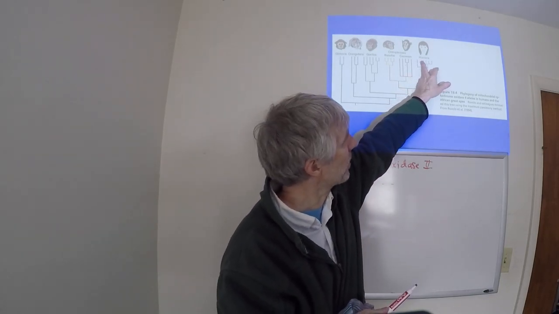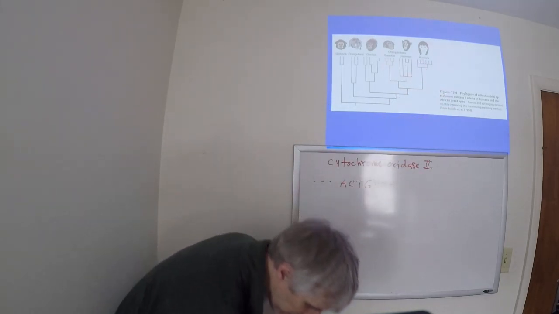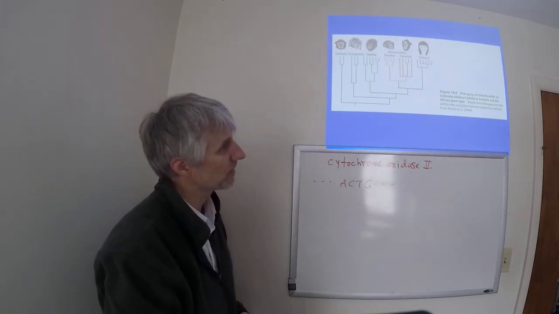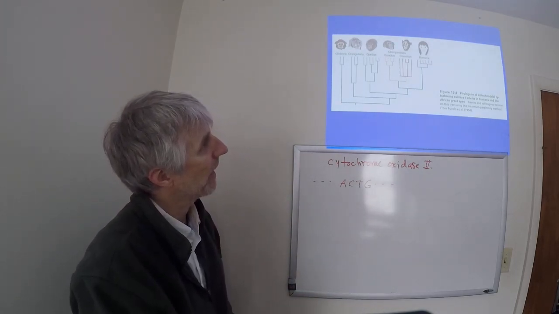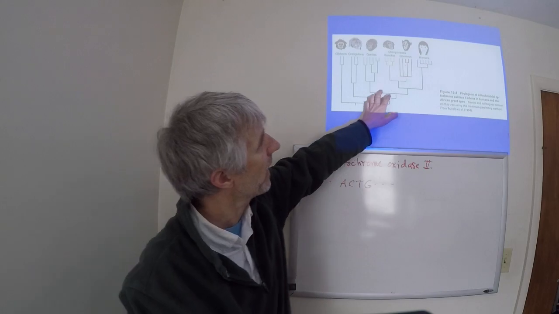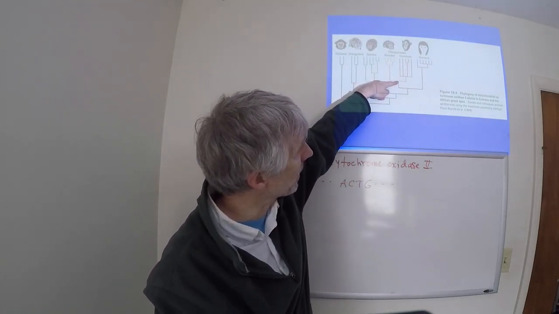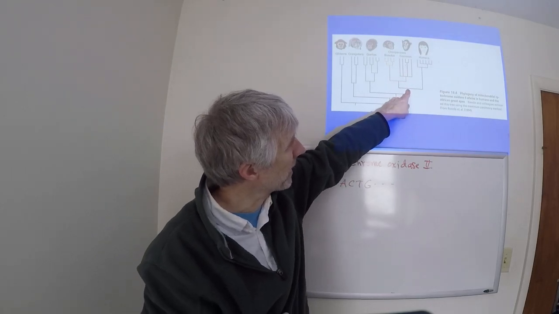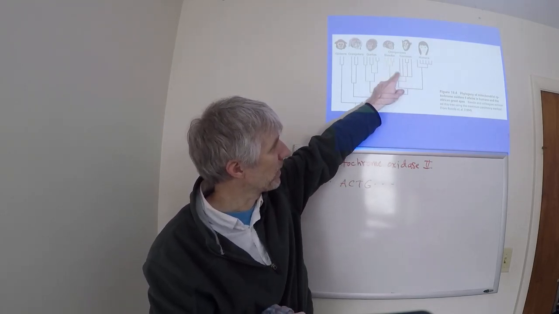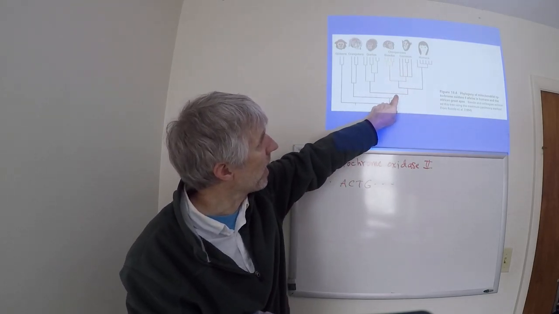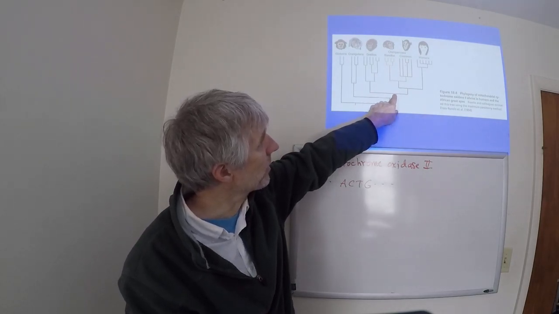The human sequences are more similar to each other of these mitochondrial DNA sequences, and the bonobo and the chimp are more closely related because that's their common ancestor. Then there's the common ancestor of the human and the chimps, and then here's the common ancestor for the gorillas and the humans.